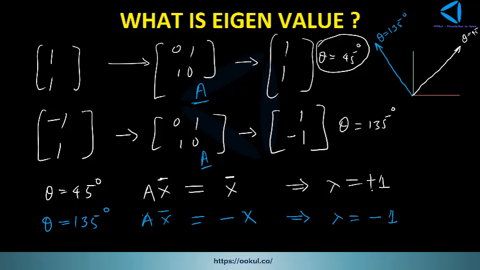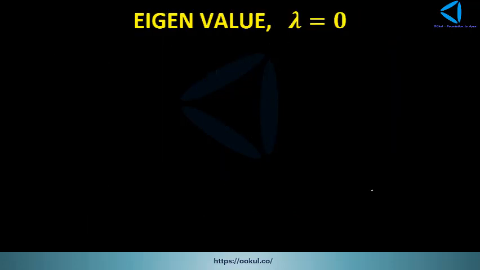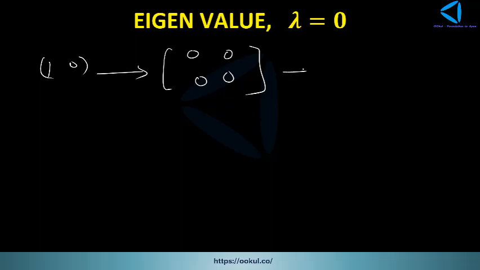So what about zero? When will it be zero? If you give some vector, let us see it in the pictorial representation. It is not that important, but say you have a matrix 0 0 and you give a vector 1 0 to it, the output will be 0 0.